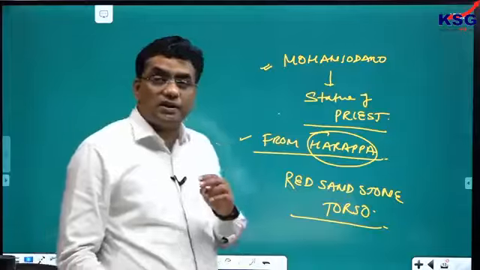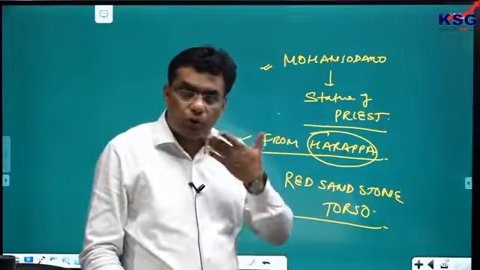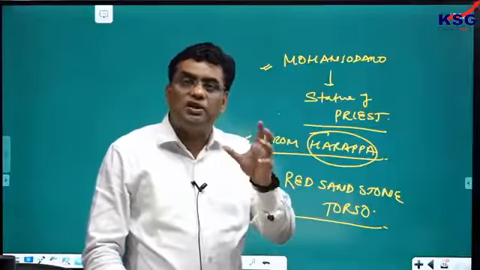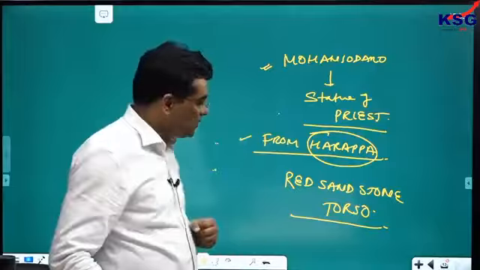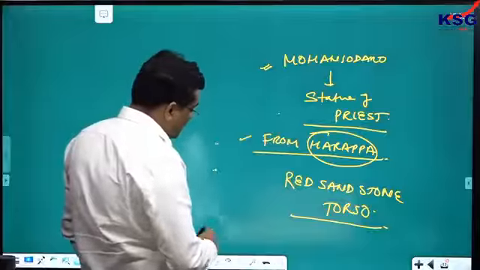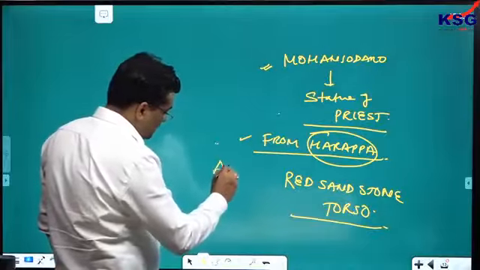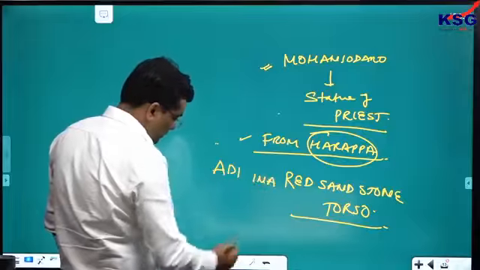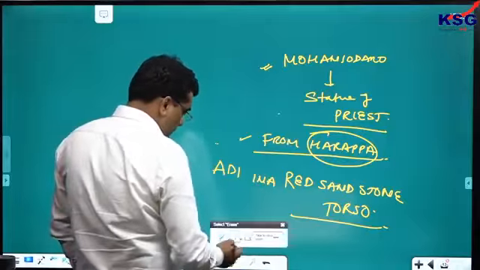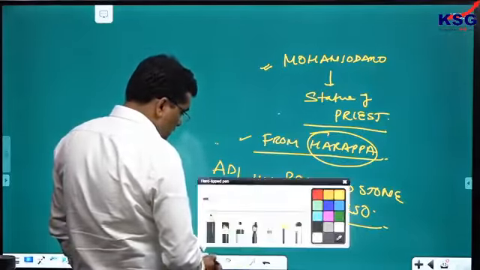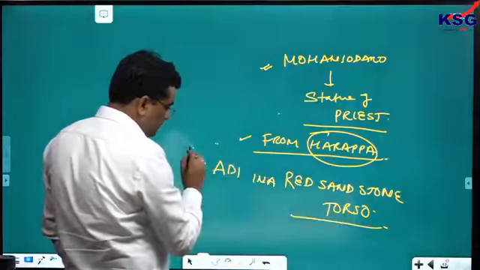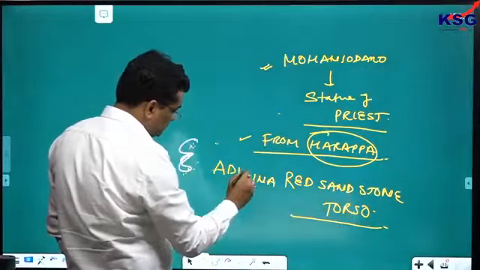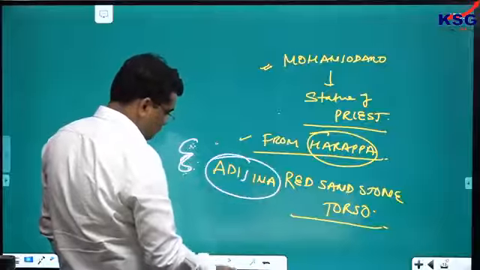Some historians said that this torso, that is above the waist, is a statue of Adi Jina. Adi Jina means Adinath Rishabh, the first Tirthankar of Jaina.